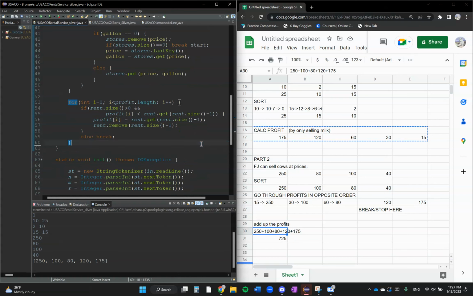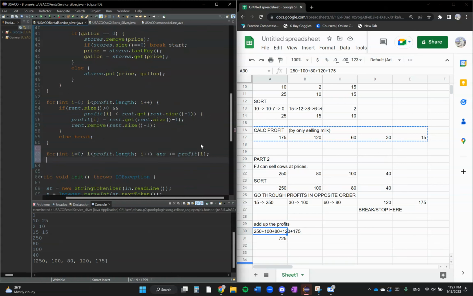And now to the easy part, we just have to sum these all up. Remember that it has to be a long. So n plus equals profit.